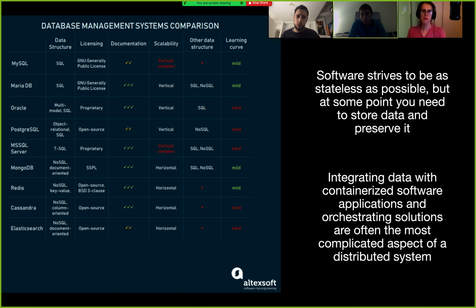And I don't want to go into too much detail about it, mainly because it's a little bit more on the advanced side when you really get into the details. But also in today's day and age, these things are changing so fast that it says here MySQL is vertically complex, but if you're using some of the latest operators and tools with Kubernetes to install these things, then it might not be so complex anymore.